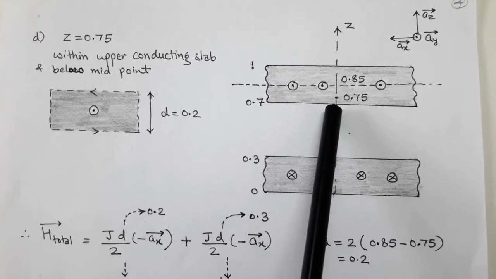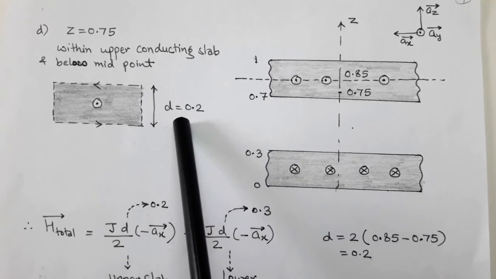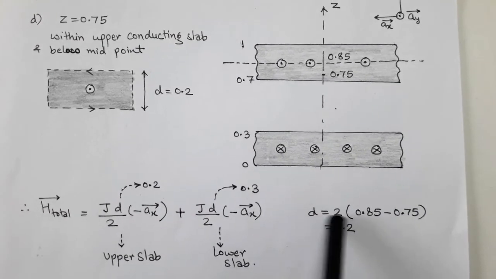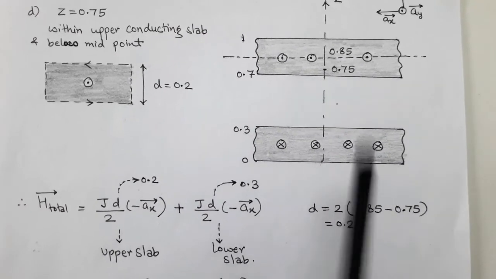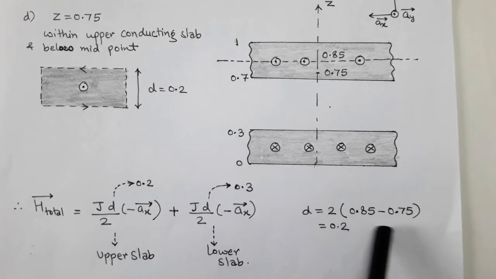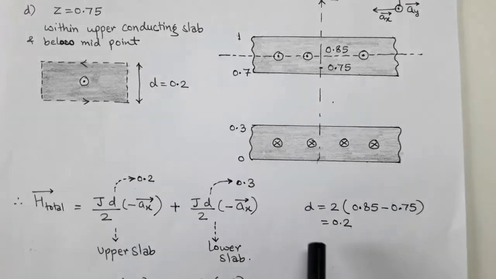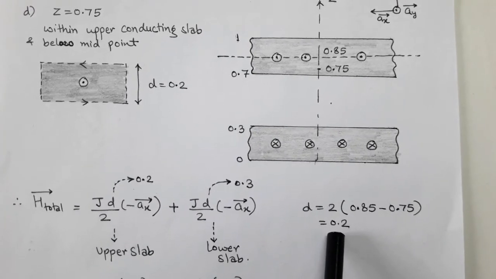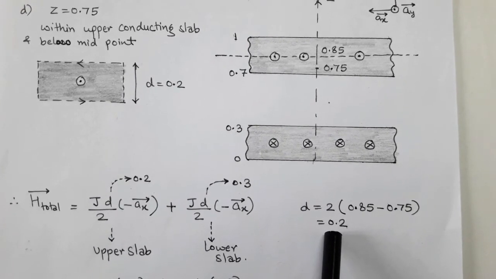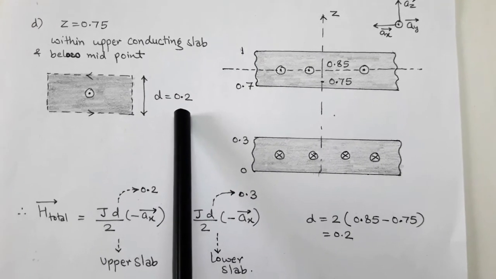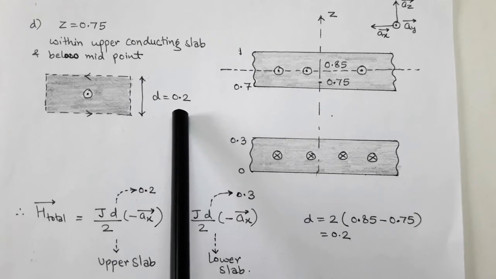To determine d, we again use the formula, twice the difference with respect to the midpoint. So d equals twice of 0.85 minus 0.75, that is 0.2. In this way we can determine the small d, that is 0.2.